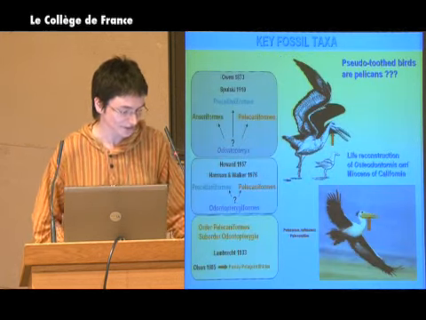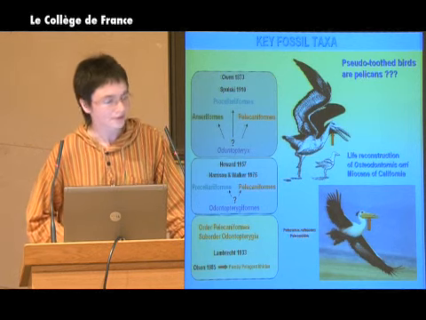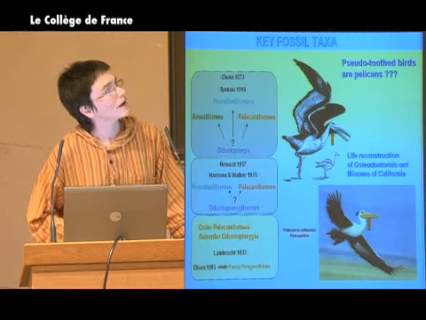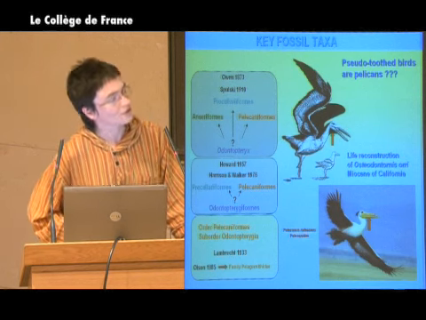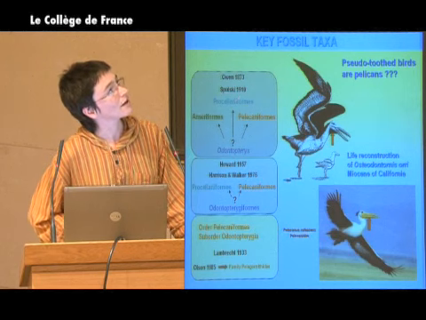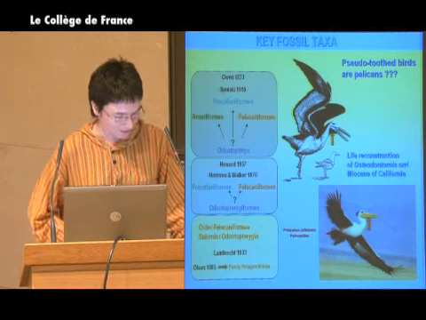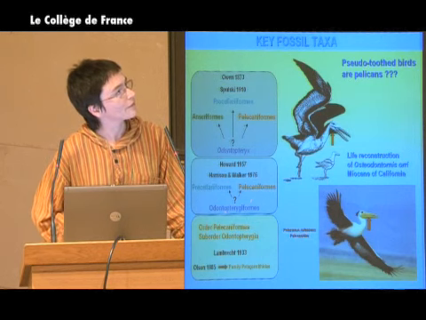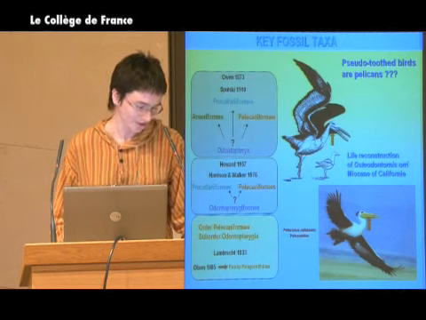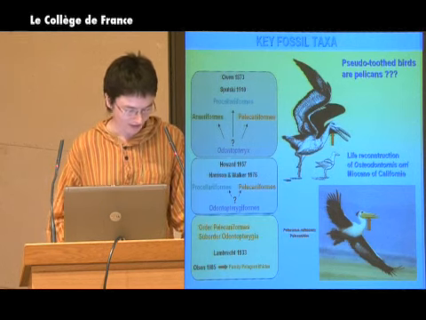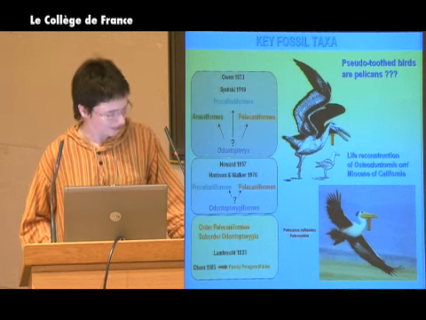The phylogenetic affinities of the pseudotooth birds have remained controversial. Some early authors noticed some similarities between false-toothed birds and ducks, albatrosses and petrels, and pelicans. Later, some authors considered that false-toothed birds show a mixture of procellariform and pelecaniform features, and they assigned them to a distinct order, the odontopterygiforms.